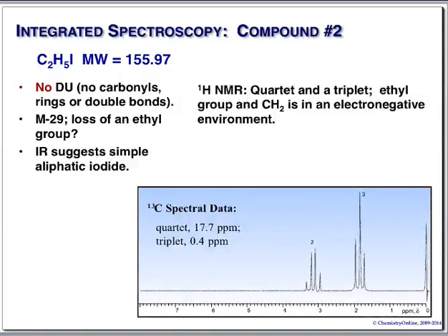The CH2 here is shifted up to around 3-ish, so it's next to something electronegative. Our C13, we have a quartet and a triplet also. This is very low, this is shifted up a bit. Again, this is a CH3, a CH2. This again is very, very low. All right, so we would say this looks like a simple ethyl group.